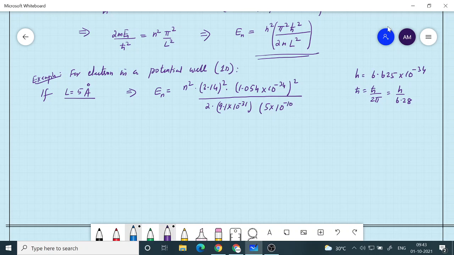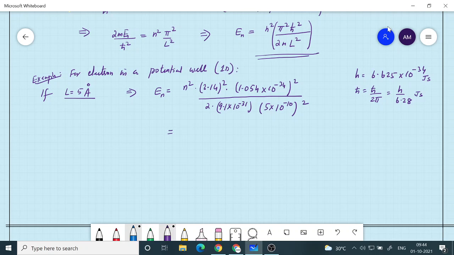Everything is in SI units: h cut has the unit joule second, length is in meter, mass in kilogram. This is the standard SI unit, which is the easiest to work with, and if you do so, the result will be in joules.